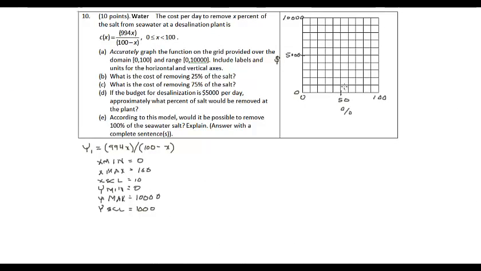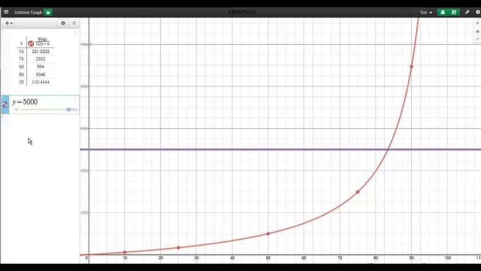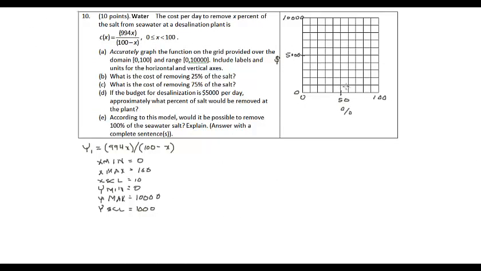At 50 it was 994. Just below 1,000, so I'm going to plot that point.